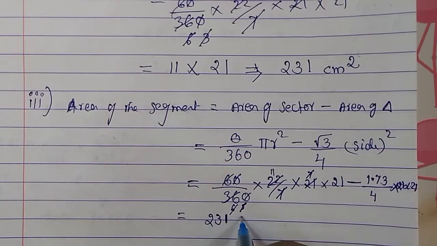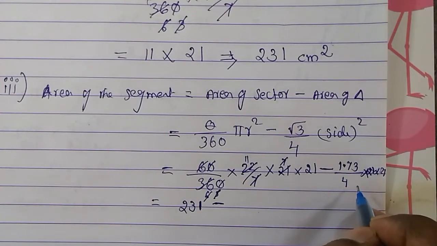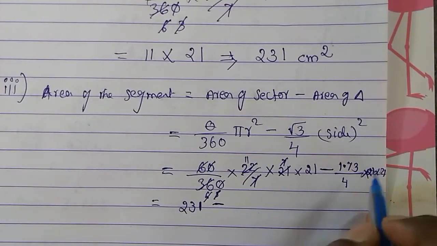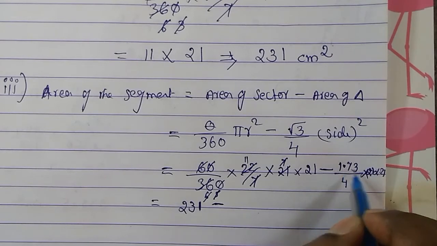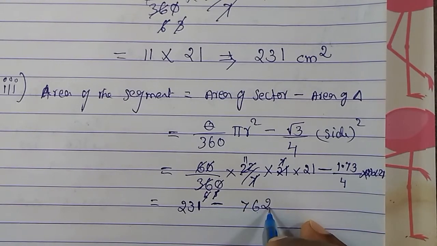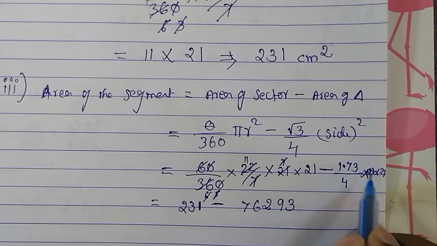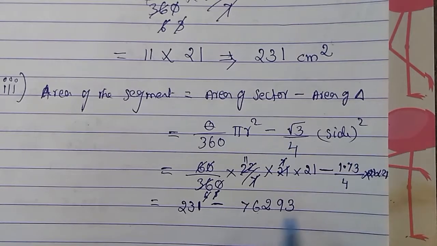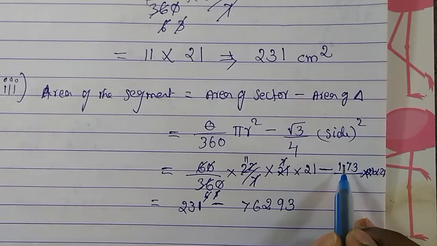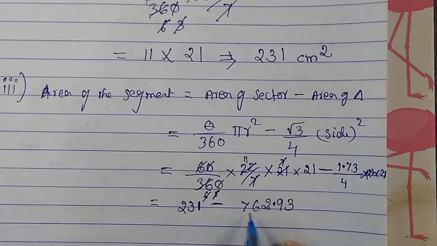So now we have minus here. Now this, if you multiply this whole thing, remove the decimal and multiply the whole thing, you will get 76293. Remove the decimal, 173, multiply with 21 and 21, you will get this number. Then after decimal we have 2 digits, so leave 2 digits and put the decimal.